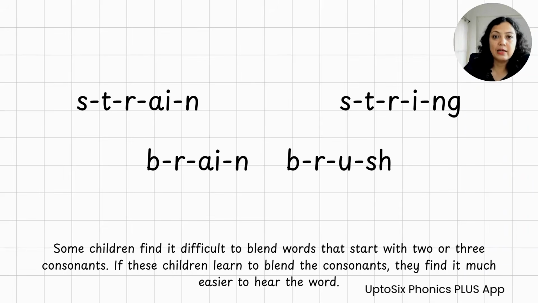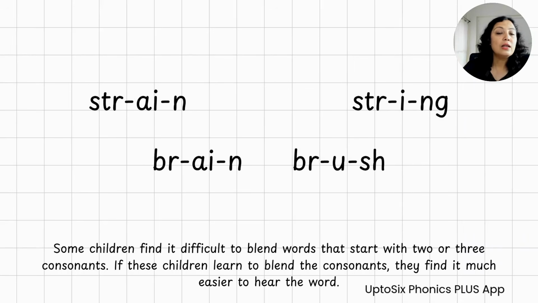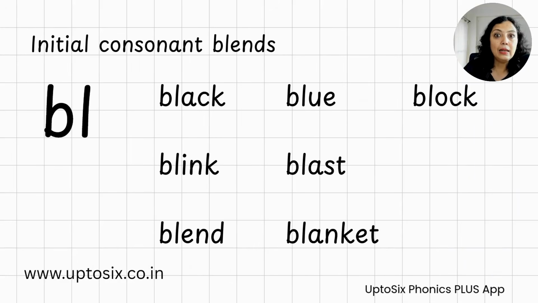If we tell children first blend the consonants and say the consonant sounds faster, like str, instead of saying st, they find it much easier to read the word. Bl, b, l, bl. Don't say blah. Okay, black. Not blak, right? So bl, we have to say the sounds clearly. Black, black.